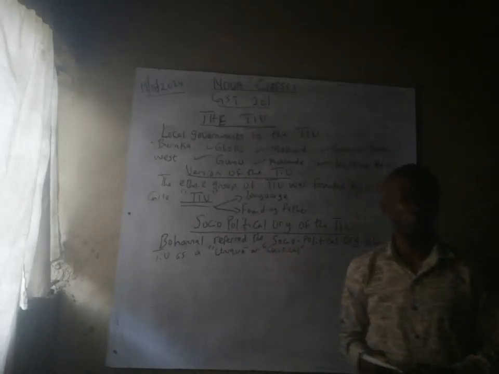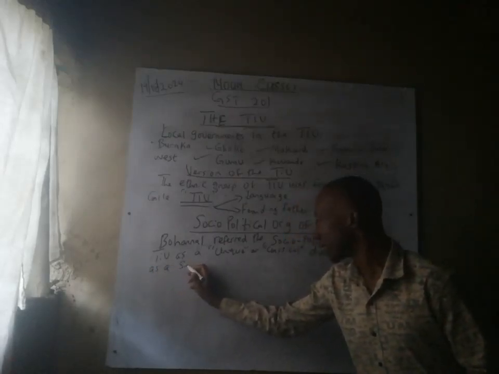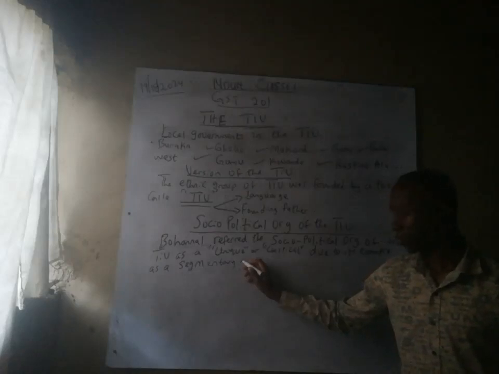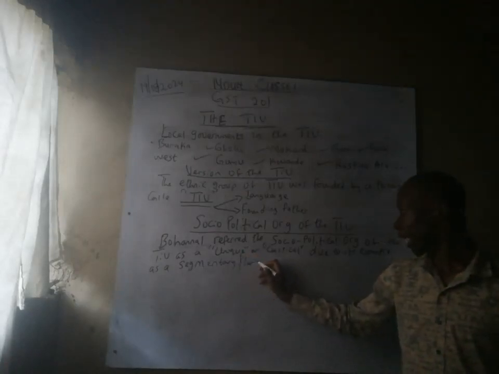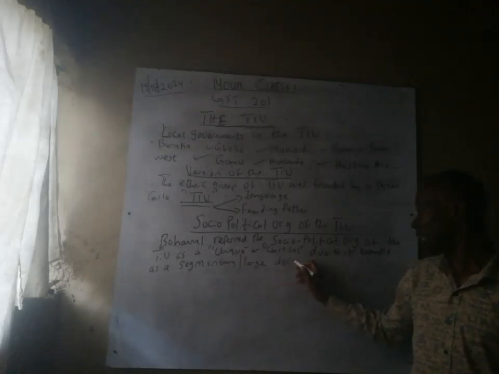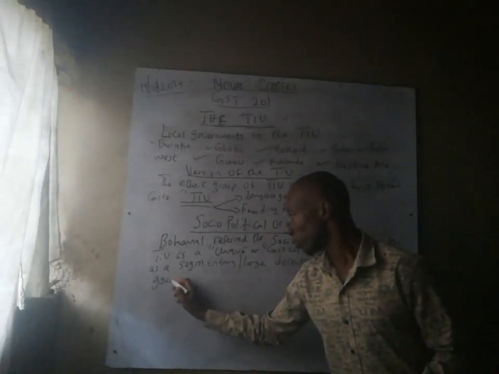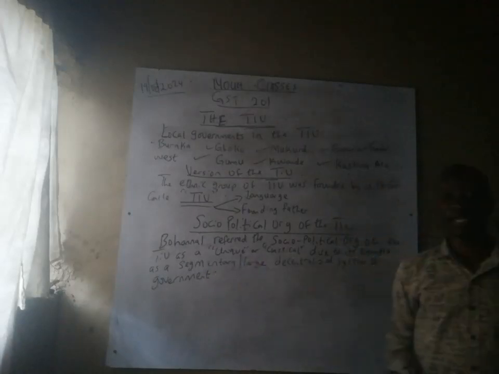Alright? As unique or classical, due to its classic example of a segmentary, or what we call a largely decentralized system of government during the pre-colonial time in northern Nigeria.